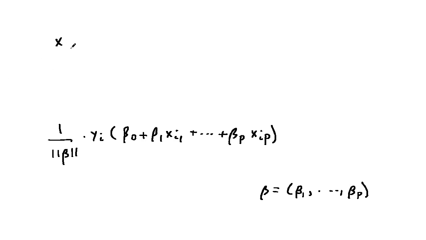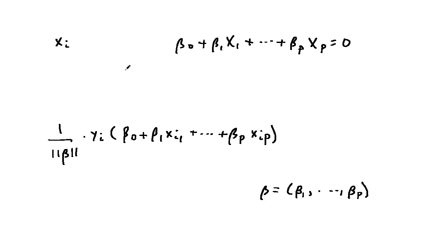So let's say we have a point xi and we have a separating hyperplane beta 0 plus beta 1 x1 plus beta p xp equals 0. Okay, this is the separating hyperplane.